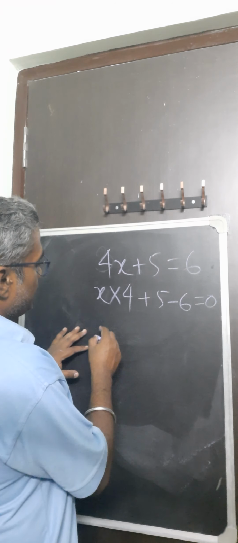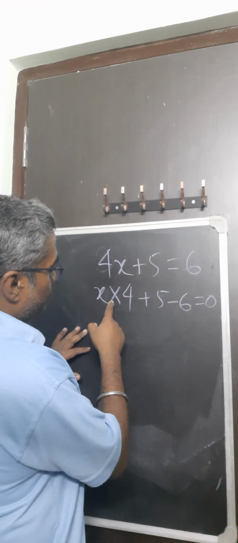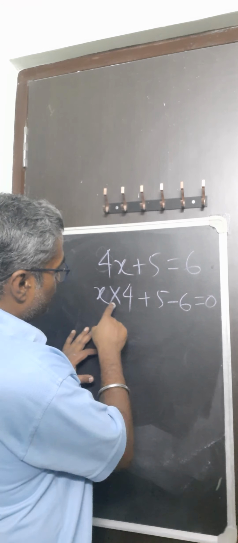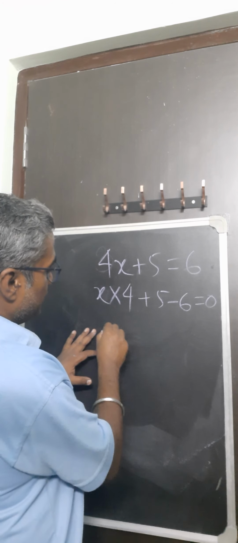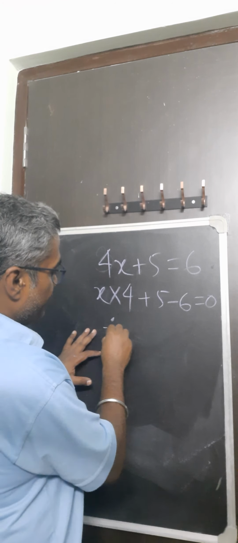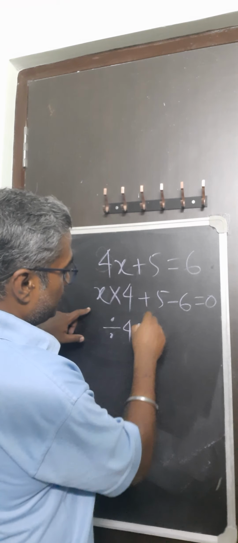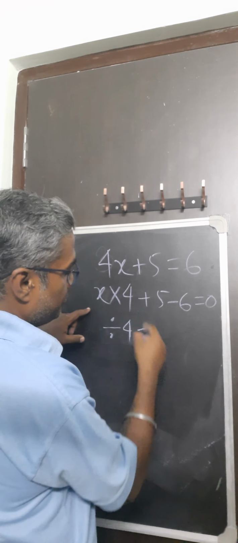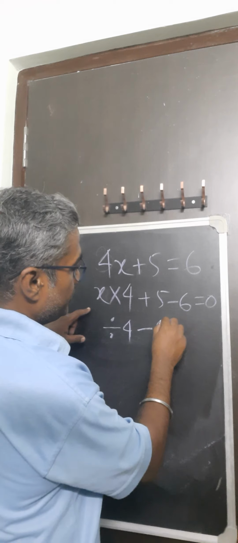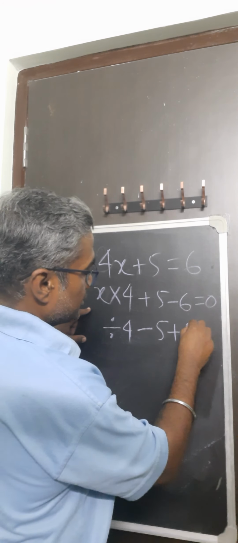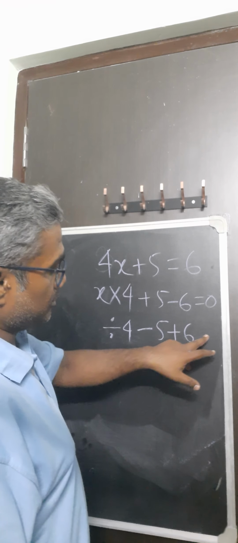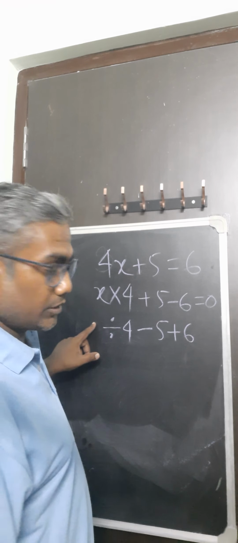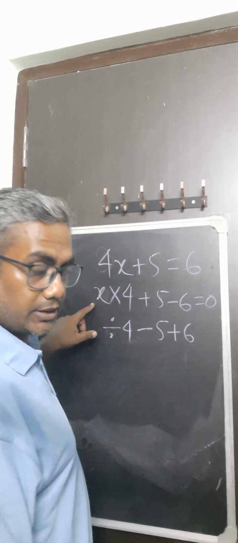Now in the next step, I will write the opposite of the signs shown here: division in place of multiplication, followed by the digit, then the negative sign in place of positive, and the digit as it is, and 6 this way. I will not write anything else, neither on that side, nor the 6 or the x here.